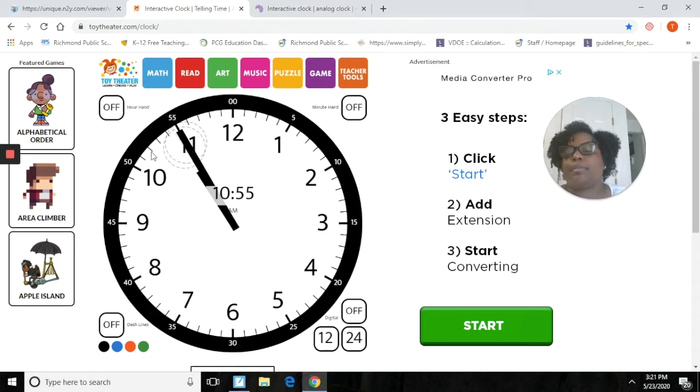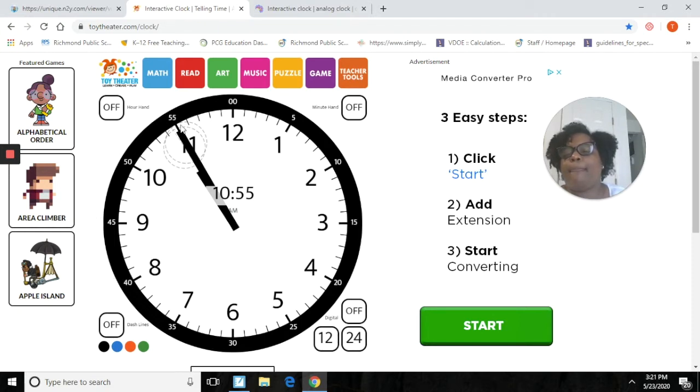All right. Okay, so if we look here, we need to determine what this clock says. So if we start here, we're going to start counting by 5, starting on our 0, and we're going to do it like this. 5, 10, 15, 20, 25, 30, 35, 40, 45, 50, 55.